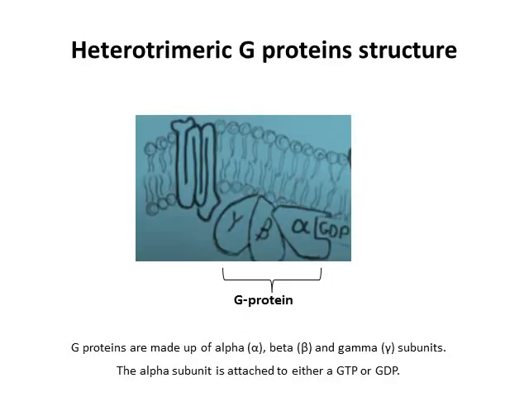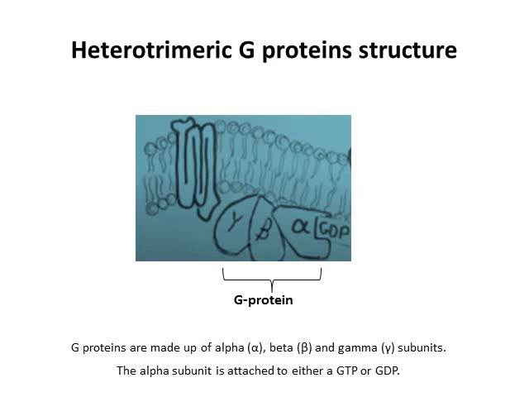G proteins are heterotrimeric, which means they are made of 3 subunits, that's why it's called trimeric, and hetero because the 3 subunits are not the same, they are not identical, they are different one from the other. So the G proteins are made of 3 subunits, the alpha, beta, and gamma subunits.